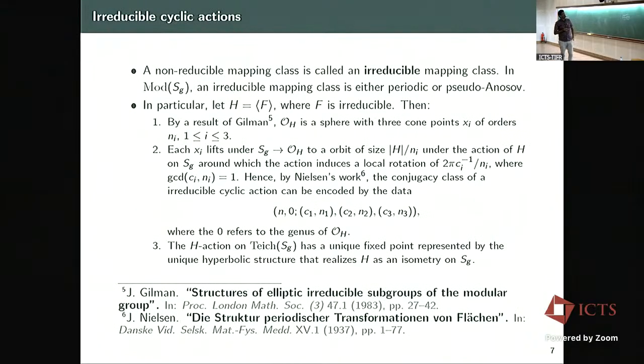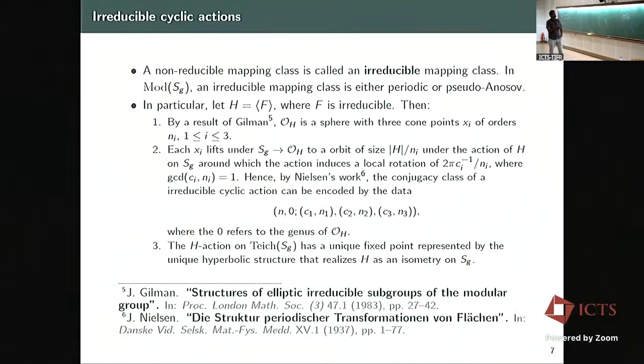Yeah. So let me talk a little bit about the mapping class that I'll be concerned with, which is a periodic mapping class, but I'll talk about a specific class of periodic mapping classes called irreducible periodics. First of all, let me talk about what irreducibility means in the mapping class group. We already know that something is reducible if it preserves a multicurve, right?